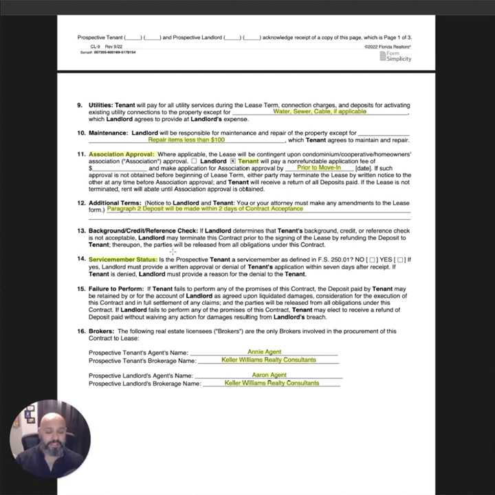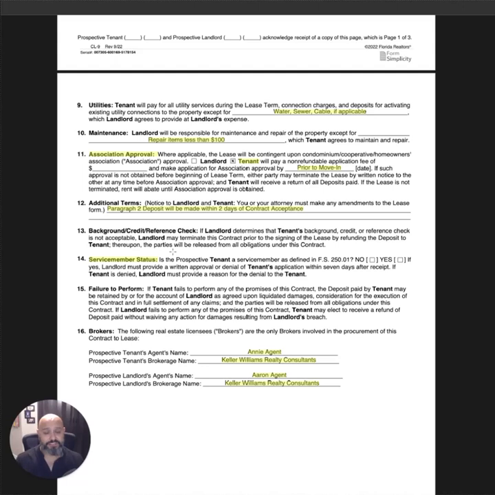So I want to limit the amount that my client or my tenant is going to have to pay. So I'm going to say repair items less than $100. Now, if I'm representing the landlord, I don't want the tenant to have to call my landlord every time a light bulb goes out and this and that. So I might even put that number a little bit higher. I might say repair items less than $250.